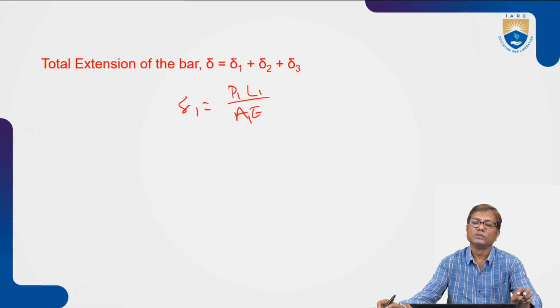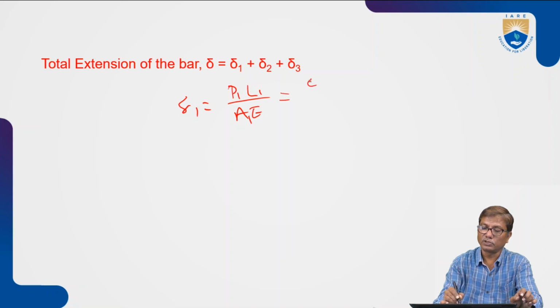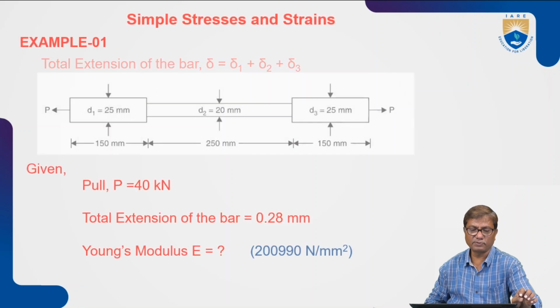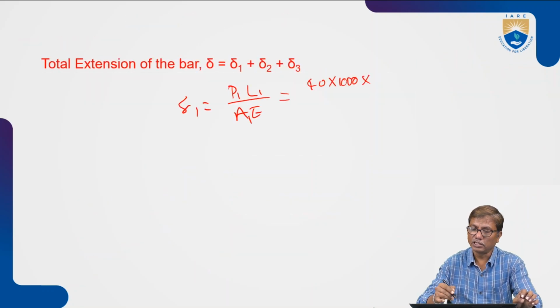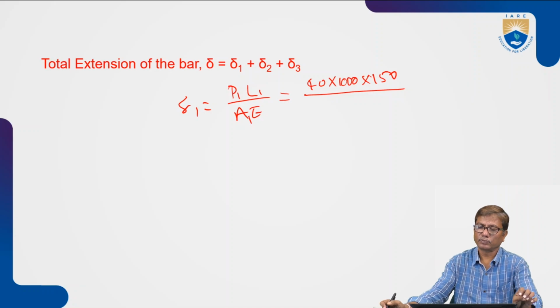So here P1 means 40 kilonewtons. So we substitute load in newtons, multiply with 1000, and L1, the length of member AB, which is 150 mm. And A, what is the area of cross section?